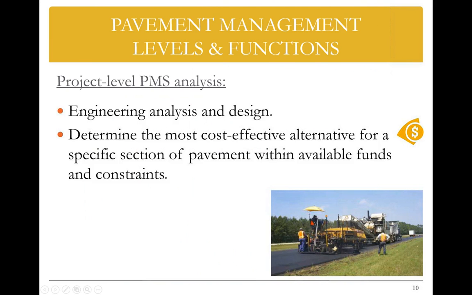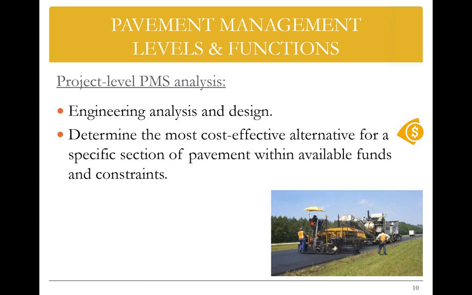Now we're going to move to the next level of the pavement management system, which is the project level PMS analysis. Instead of looking at the network, let's pick the entire city of Tyler as a network. Looking into the project level, it's a more detailed and concentrated look at one single project at a time.